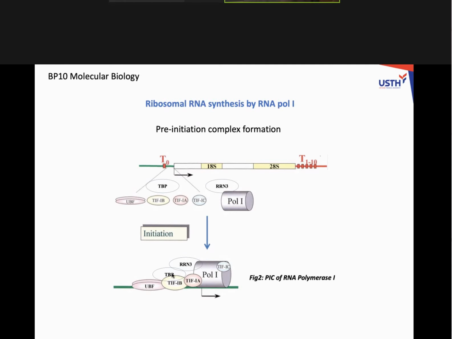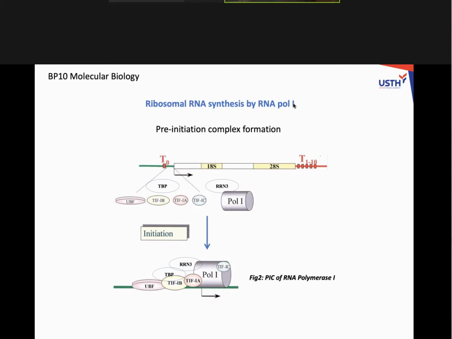It's TBP, the TATA binding protein. I will show you the 3D structure just after. It is able to specifically recognize the TATA box element that we can find in the promoter of pol 1 genes.